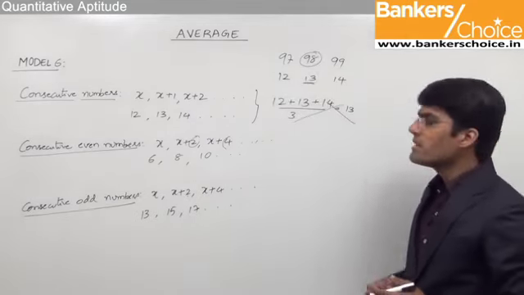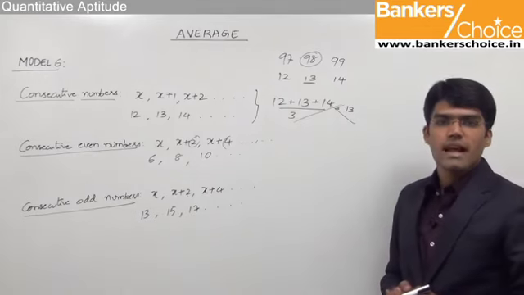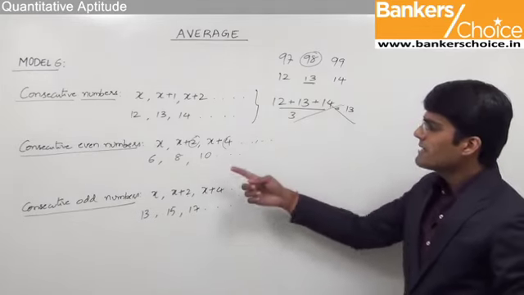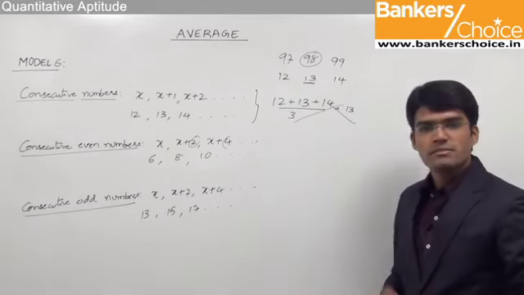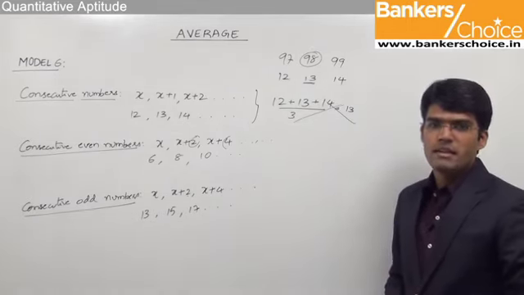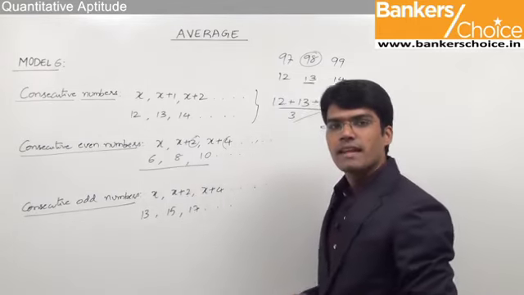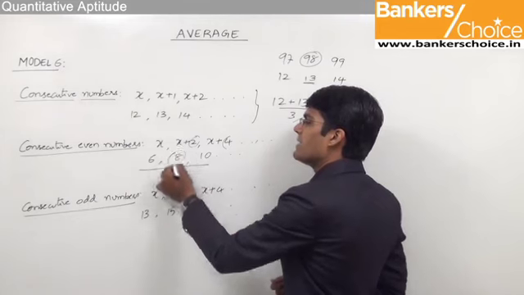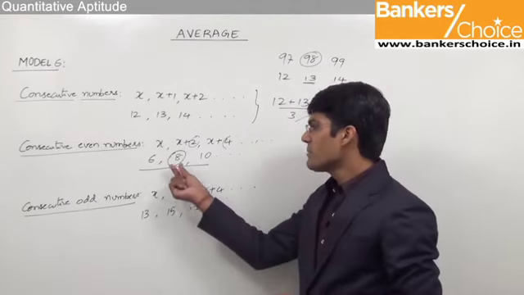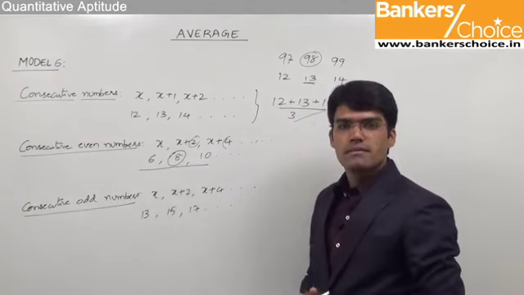So for consecutive numbers, the average can always be taken as the middle number. Similarly, in case of consecutive even and consecutive odd numbers, the average can be taken as the middle number. For example, if we have to find out the average of 6, 8 and 10, I can directly say that the average will be equal to 8, because that is the middle number out of the given consecutive even numbers.